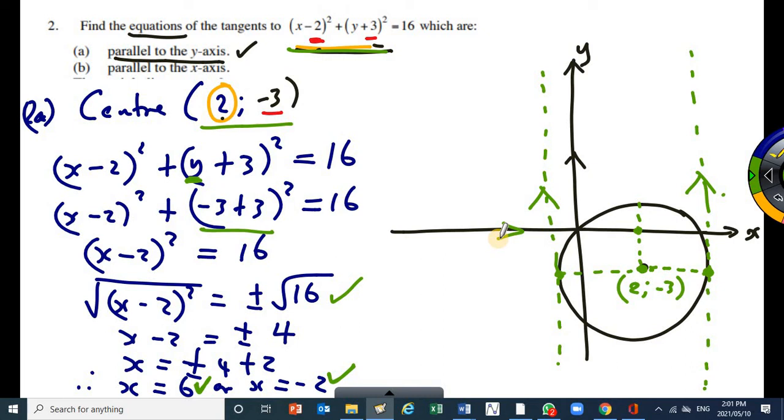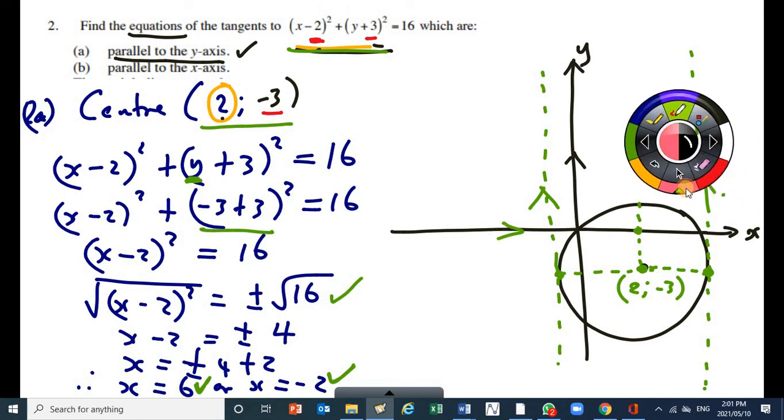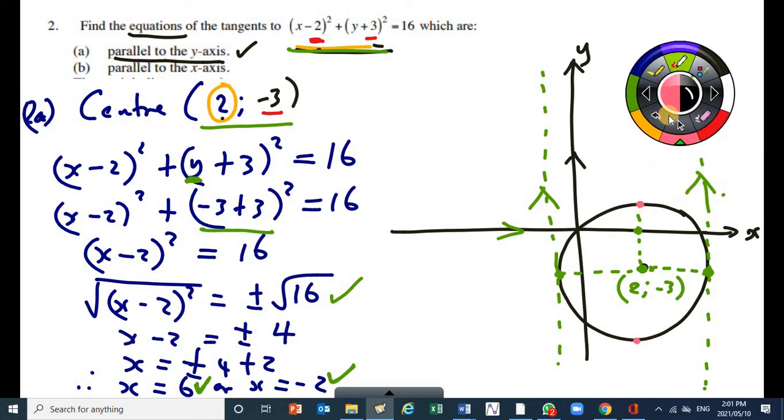All horizontal lines have a gradient that's equal to 0. So we need to find equations of tangents such that the tangent is drawn at this point, another one drawn at that point, and they are parallel to the x-axis like this. So they are both parallel to the x-axis.